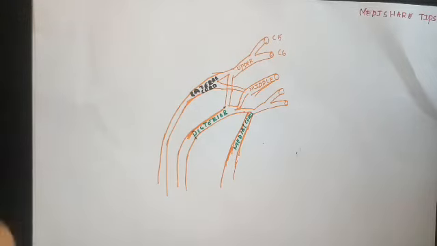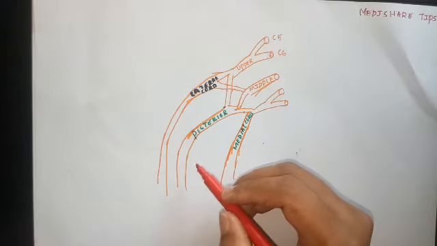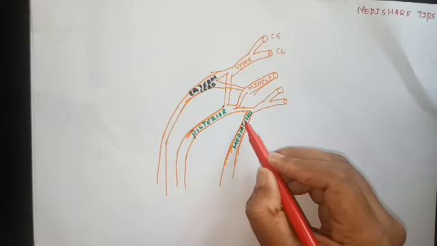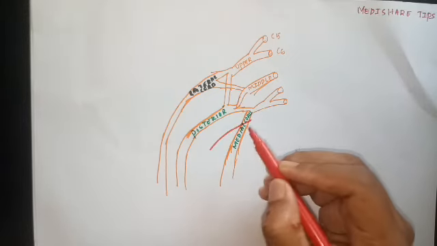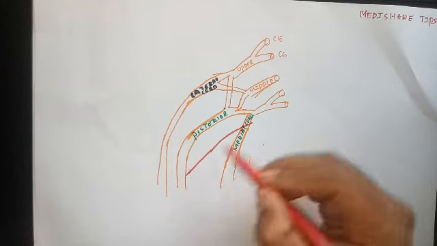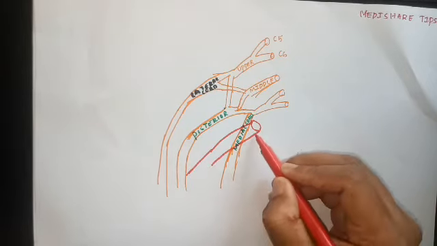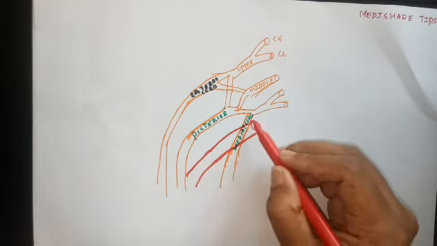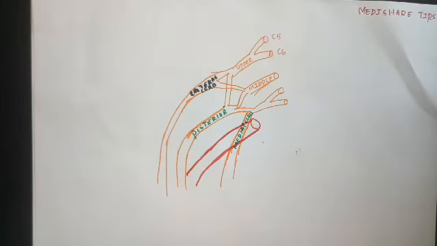So for the axillary artery, we'll discuss about the relations of the first part of axillary artery. So the first part of axillary artery lies like this. So this much is the first part of axillary artery.